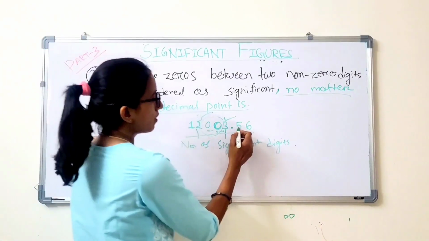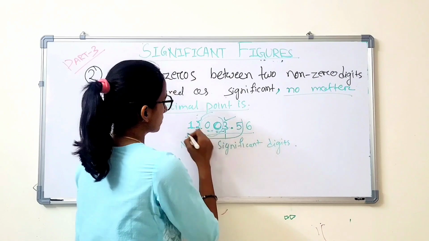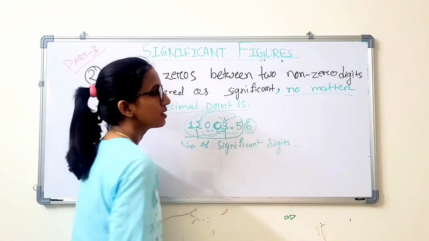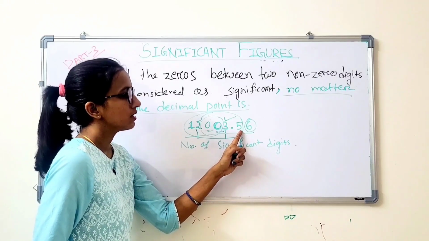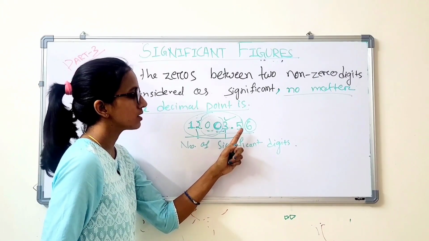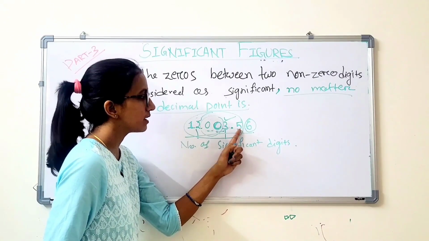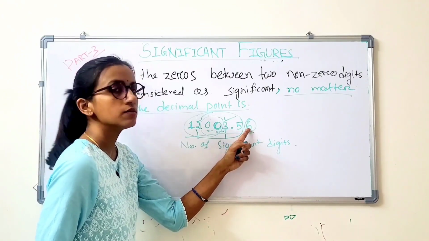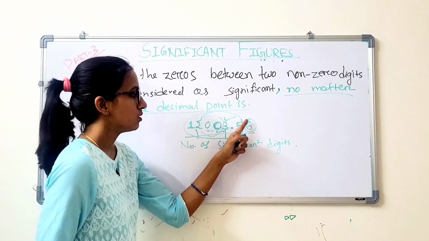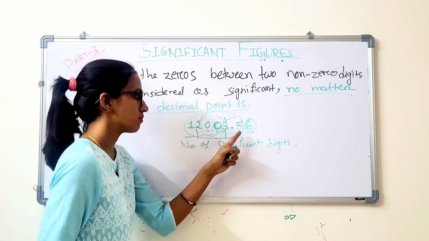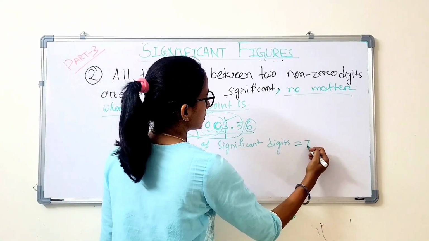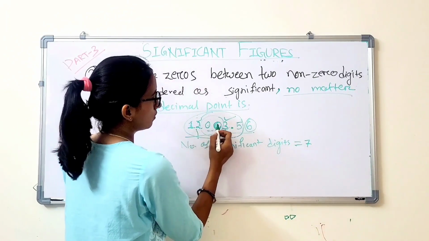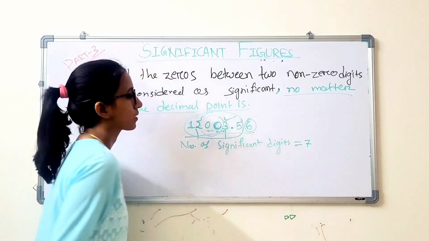Why did I consider this also? Because up to this point, these are real, reliable digits, and it is the first doubtful digit. So all the reliable digits plus one doubtful digit. So I can say it is 7. 1, 2, 3, 4, 5, 6, 7.